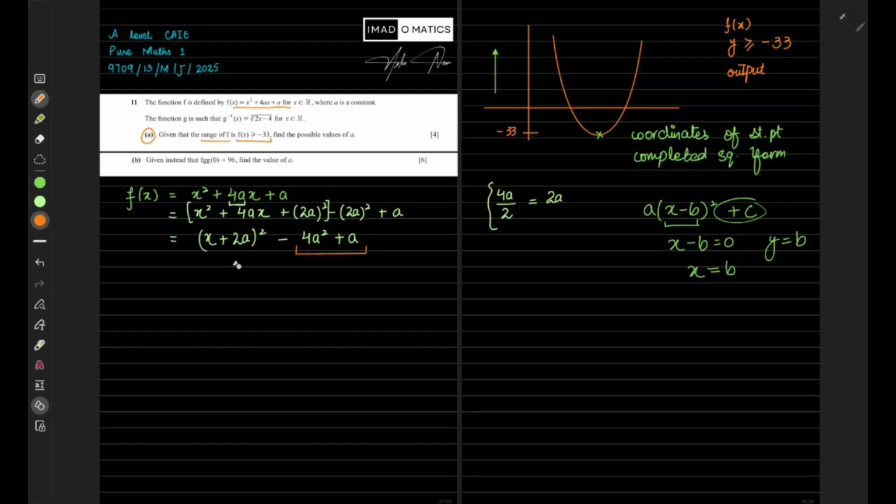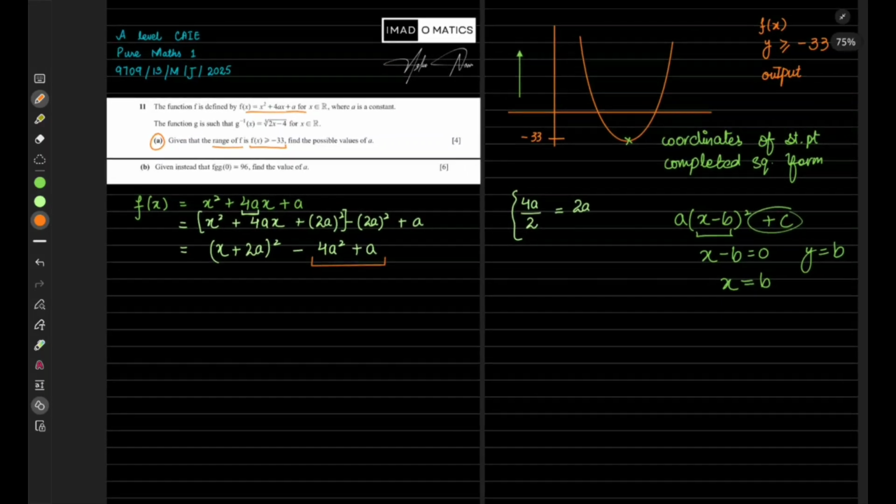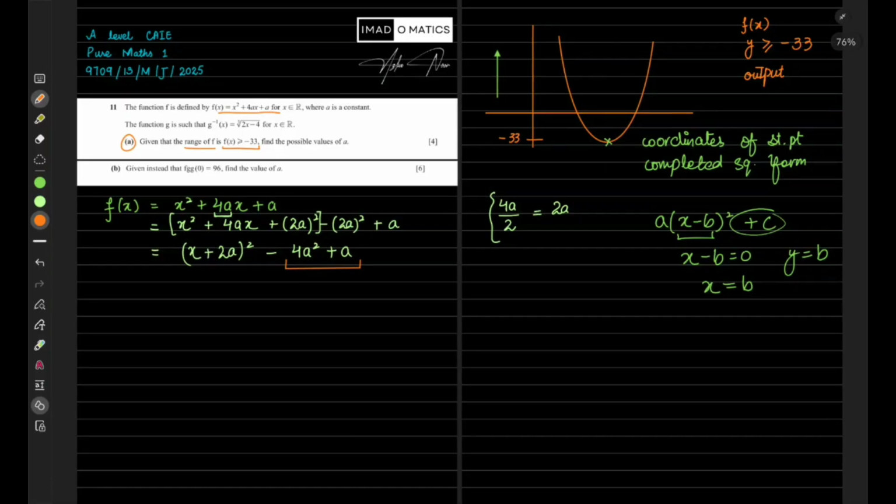We don't need the x value, so just leaving it. We only need the y value because your range is starting from that. So you can write y is greater than or equal to minus 33. That means minus 4a squared plus a is greater than or equal to minus 33.